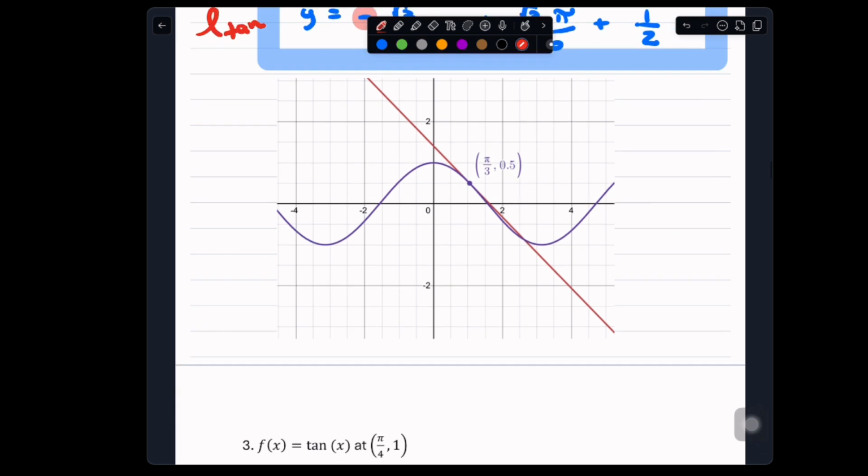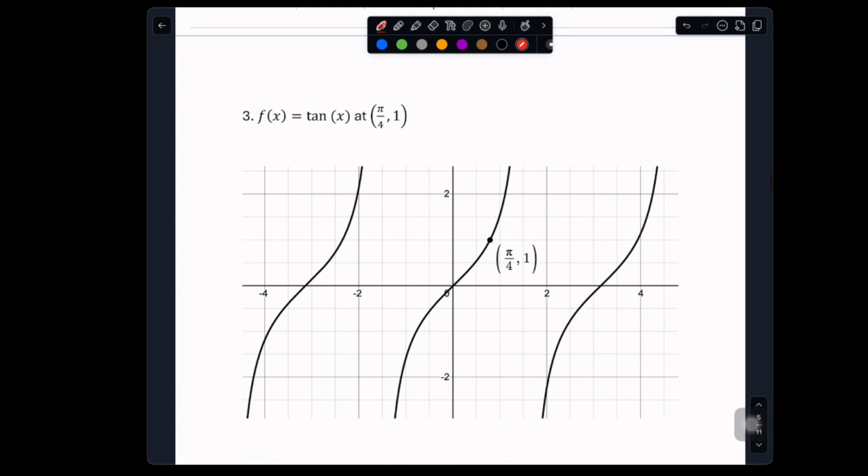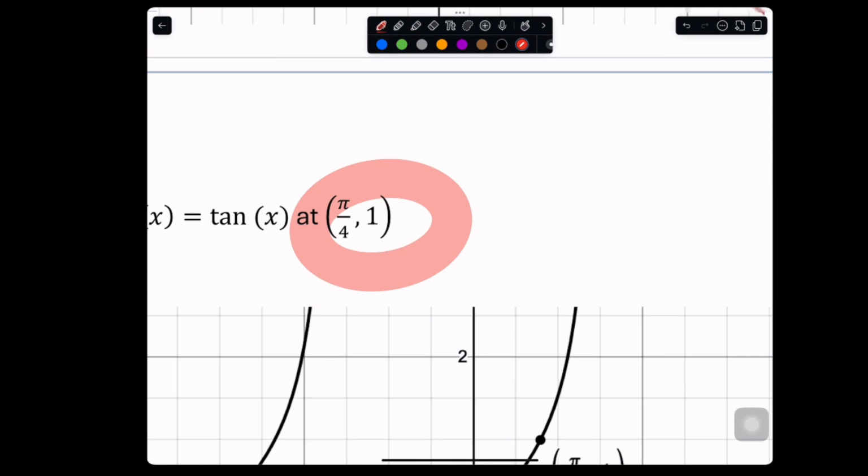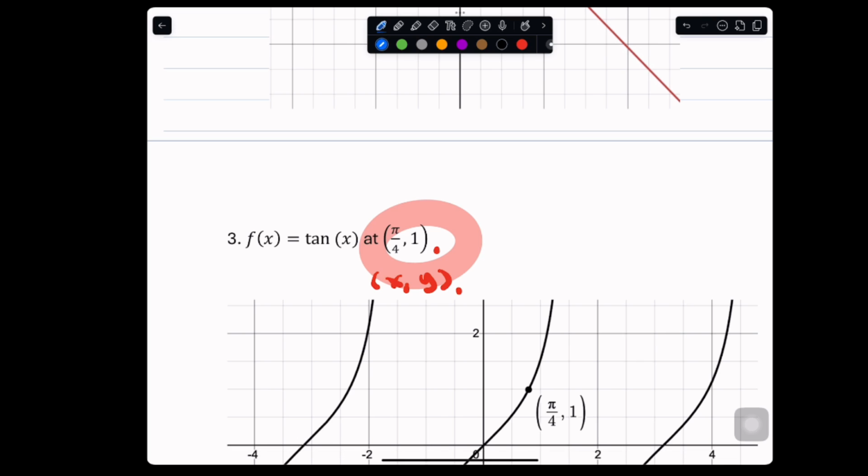All right, good. What about this next one? Again, this is my x and y coordinates. Is that right? This is the one and only point where y minus y1 is m tangent times x minus x1.